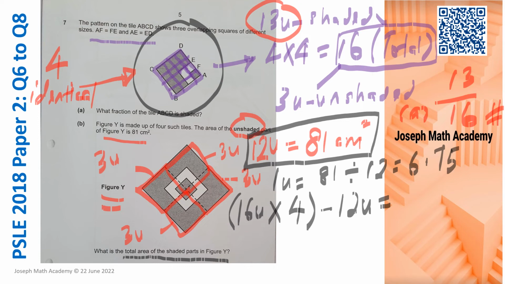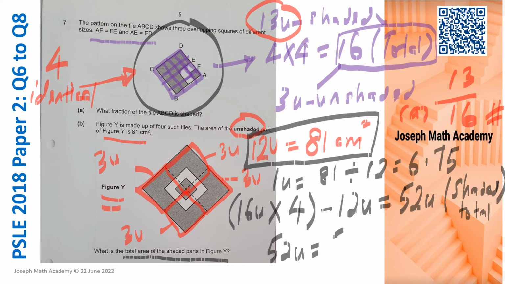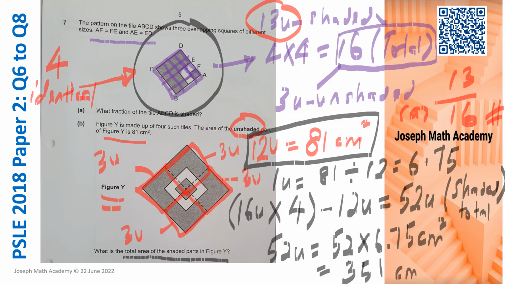So from here, we have 52 units in total, shaded units. So what is this 52? 52 units will be 52 times 6.75 square cm. That will give us 351. Let me rewrite this one. 351 square cm. So part B is done.